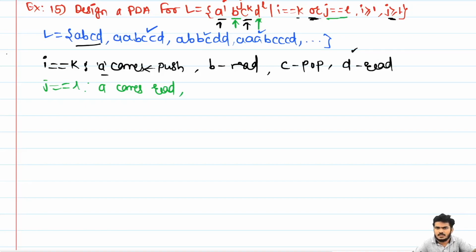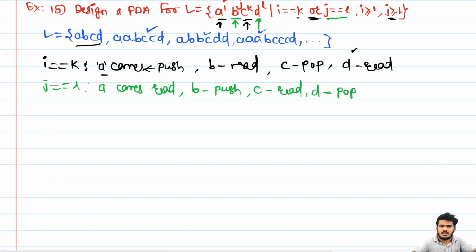So whenever b starts occurring, we have to push those b's into the stack. Whenever c starts occurring, we have to just read those c's, and finally when we are getting d's, we have to pop each b with respect to each d. Okay, for one d we will pop one b.